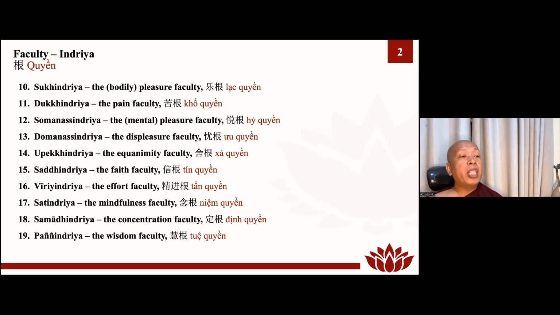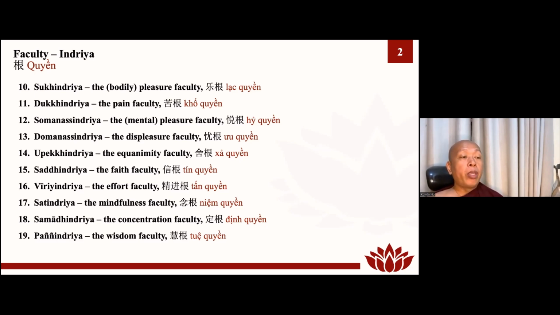The somanassindriya, the mental pleasure faculty. So sometimes we have very obvious mental pleasure at a time when we don't feel body pain or anything, right? So anyway, the main thing is whenever we use 5 feelings, somanassa means mental pleasant, domanassa means mental unpleasant or displeasure.